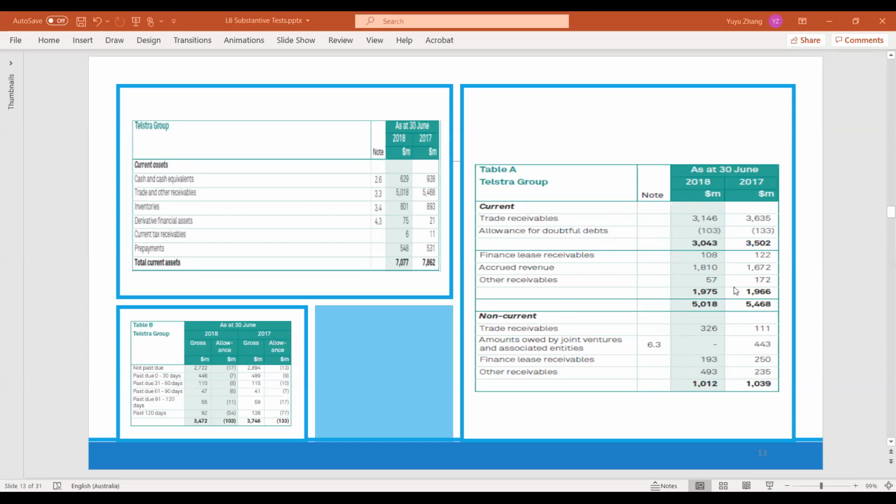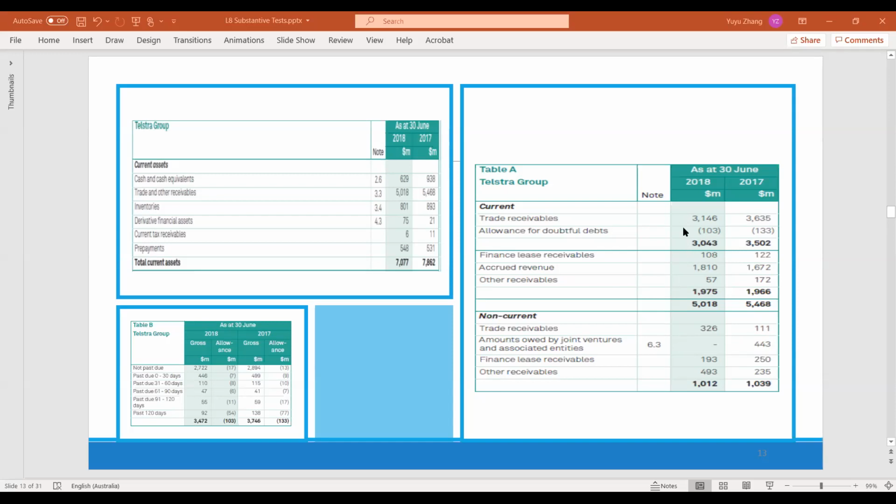Have you looked at the non-current receivables? They increased. That probably means there are some receivables that should be current receivables, but they couldn't collect on time, and now they have been converted into non-current.